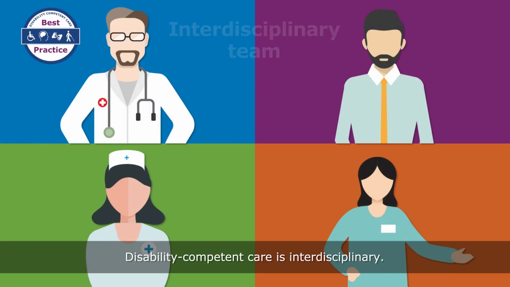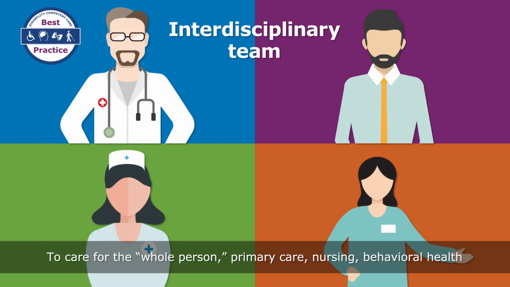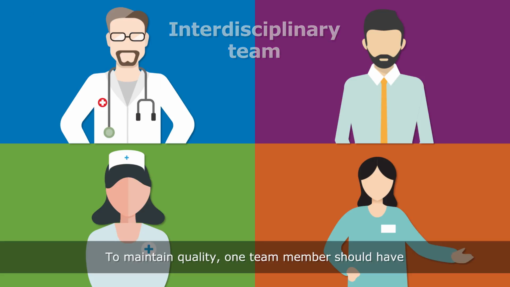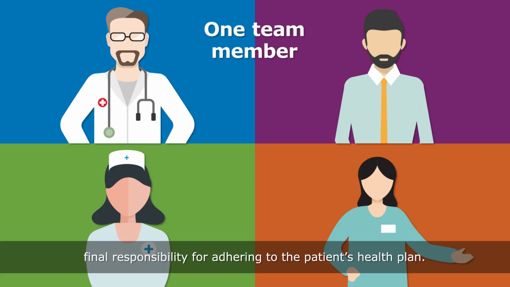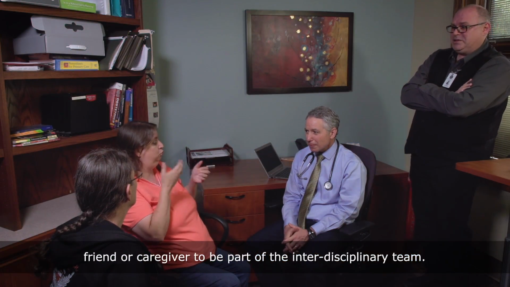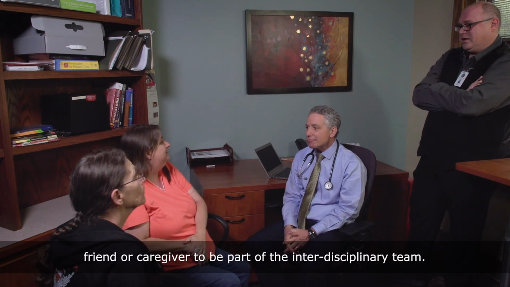Disability-competent care is interdisciplinary. To care for the whole person, primary care, nursing, behavioral health, and long-term support need to work as a team and communicate closely. To maintain quality, one team member should have final responsibility for adhering to the patient's health plan. The patient should always be able to designate a family member, friend, or caregiver to be part of the interdisciplinary team.